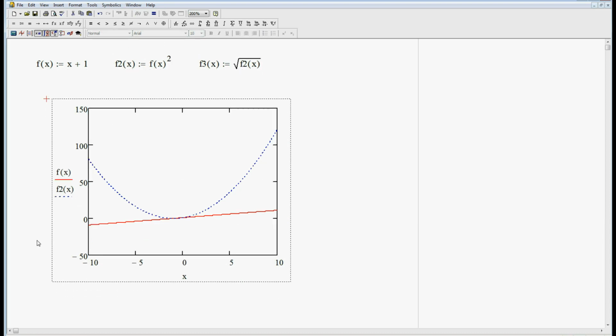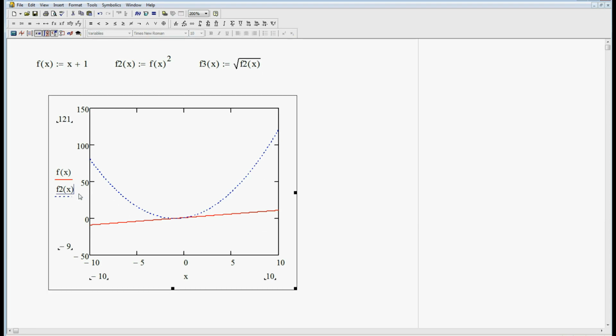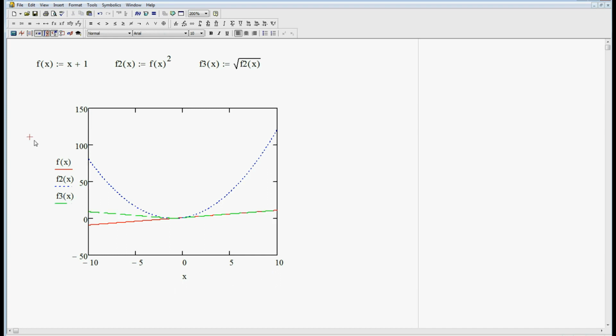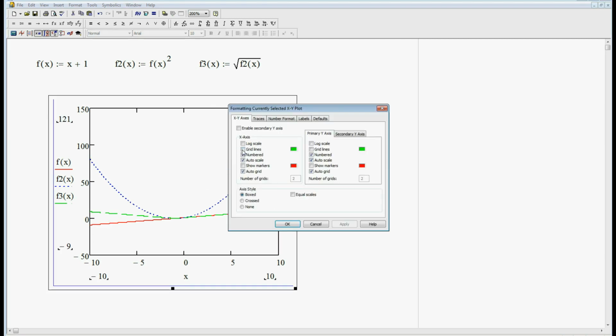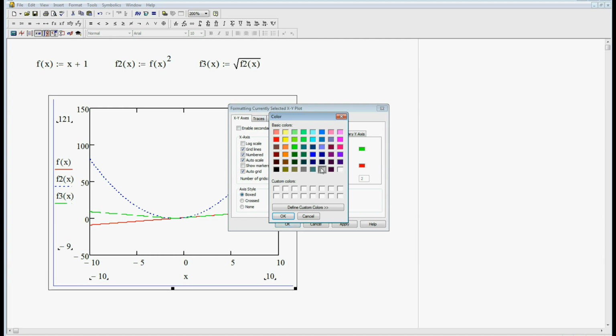Well, what would f3 look like? Right, it should be the square root of the square, f3 should be f1, but it isn't exactly. See right there? That's negative and that's positive. Let's put some grid lines in here and let's explore this a little more closely.